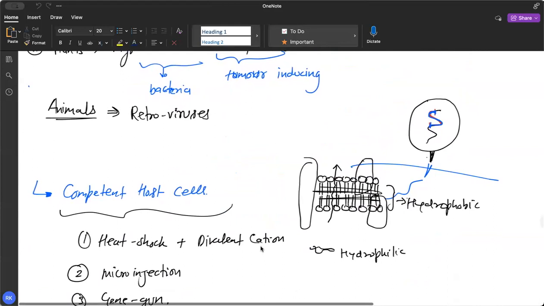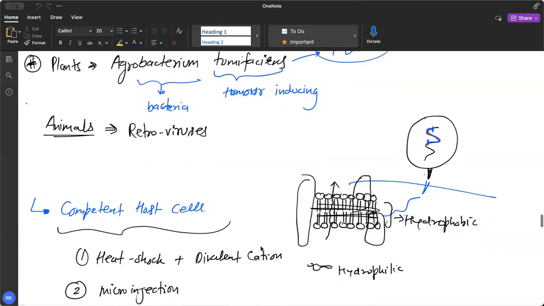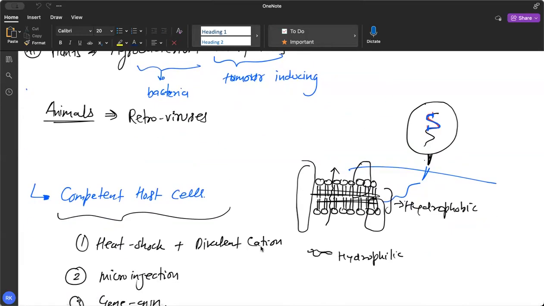Okay. And then we talked about making the host cell competent, because competency is the ability of the host cell to take up any foreign DNA. Otherwise, normally cells do not take up DNA when given from outside.